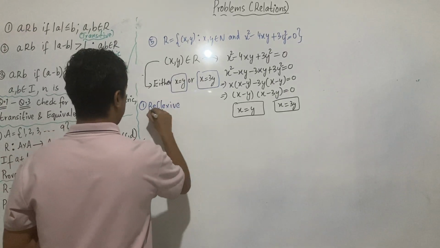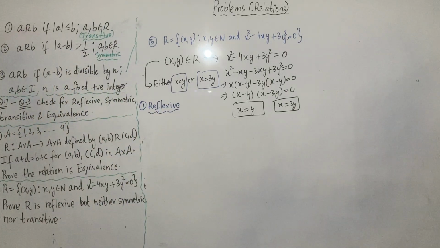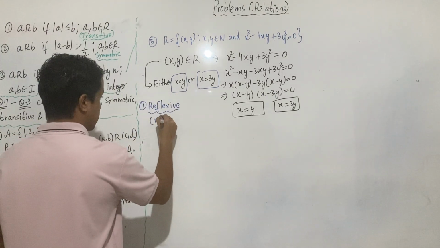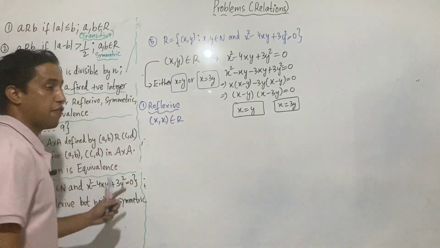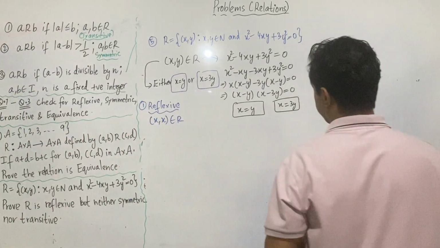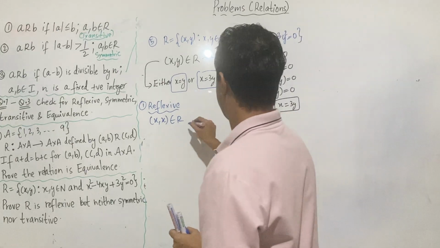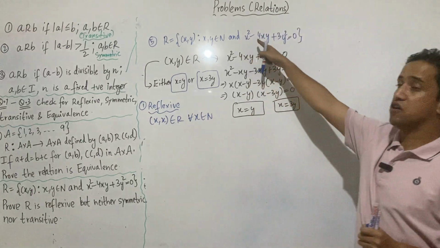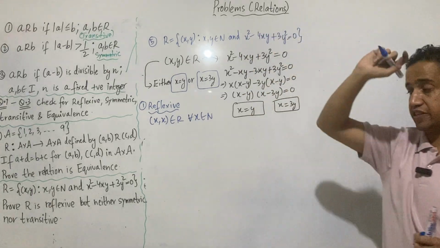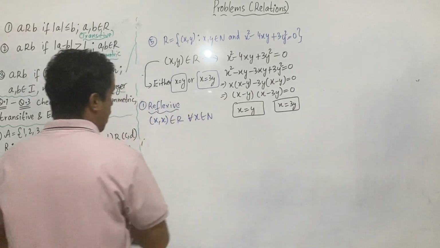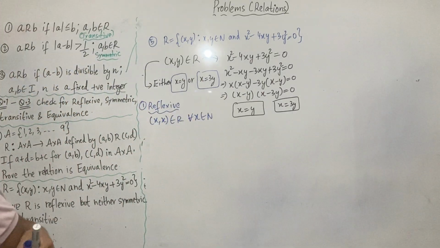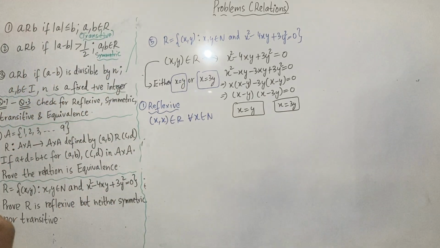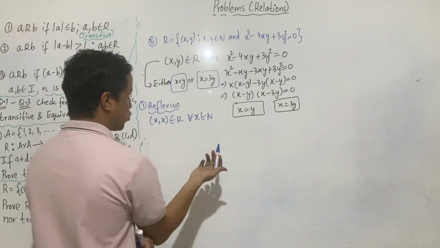If it is a reflexive relation, then according to the definition, (x, x) must belong to R for all x belonging to the natural numbers. See here, if x is equal to y, then what would happen?